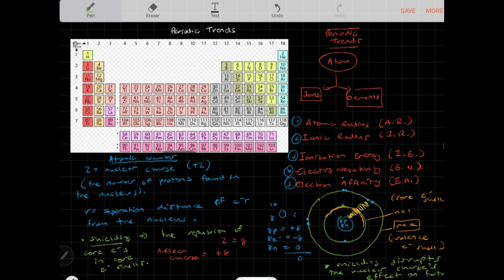This is an important concept to understand. Because the nuclear charge of the nucleus is going to be constant, but the effect of that nuclear charge will be dependent on shielding as well as the distance of electrons, we need to look at a different term.